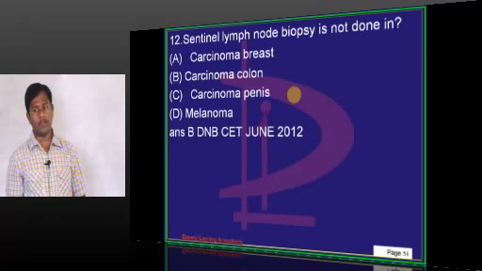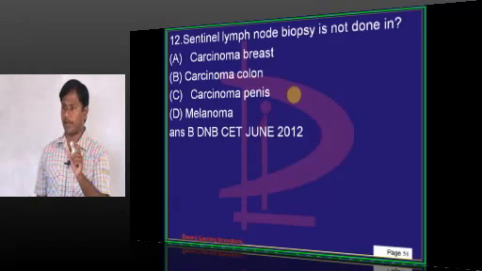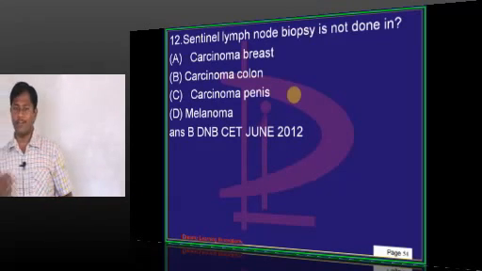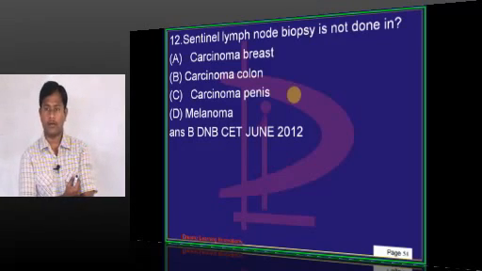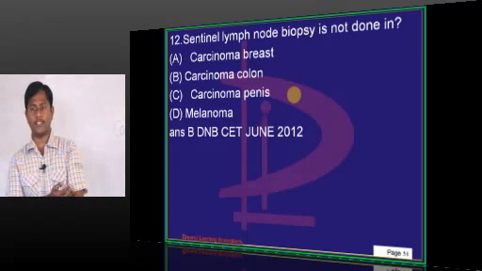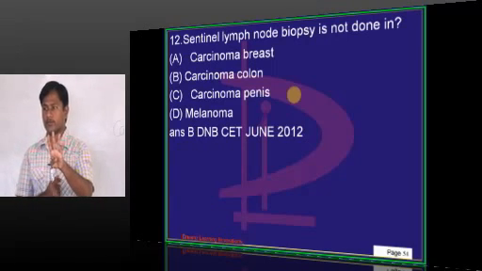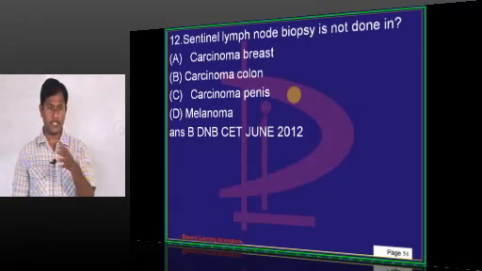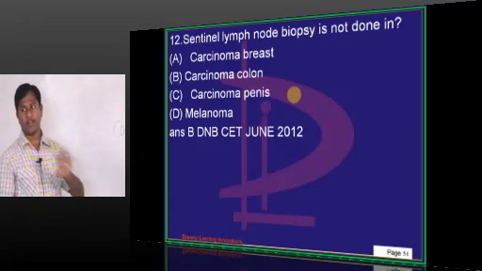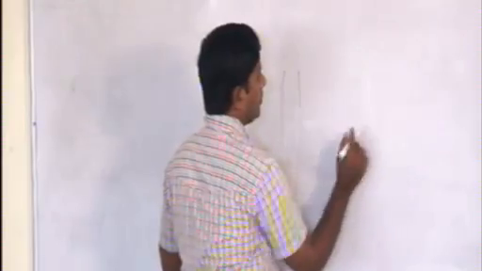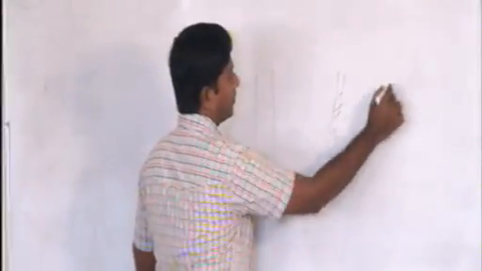So carcinoma colon, you don't have a specific marker. Okay. Now you have to remember what are the lymphatic drainage of carcinoma colon. What is the lymphatic drainage of carcinoma colon? There are 4 groups of lymph nodes, but still nothing is sensitive or nothing is positive. See, this is the colon and this is the central part.